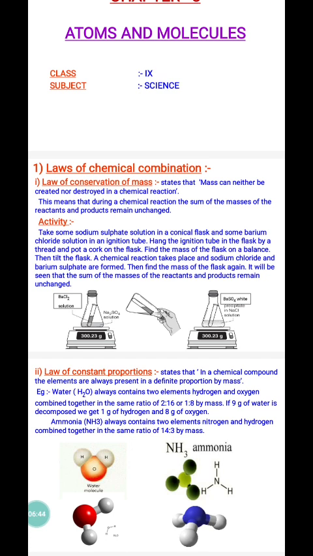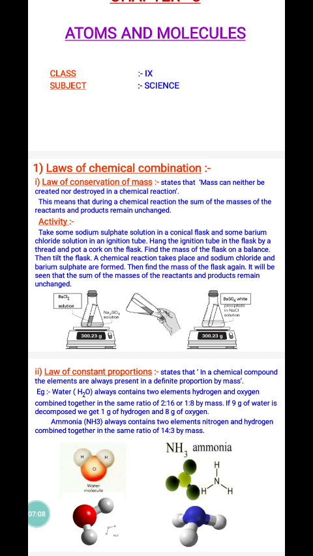If I am preparing a water molecule in Payangadi, or if the process is conducted in America also, the ratio will be fixed at 2:1: 2 atoms of hydrogen and 1 atom of oxygen. The ratio must be fixed. That is the second law, the law of constant proportion.